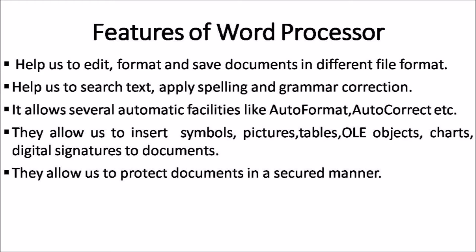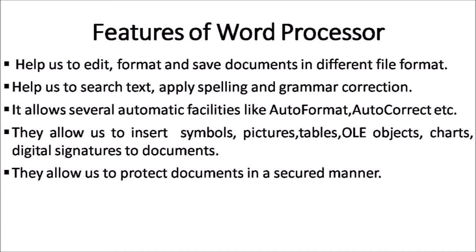Now let us see the features of word processor. It helps us to edit, format and save the documents in different file formats. While saving, we can choose different file formats like TXT and .doc, etc. The second feature is it helps us to search text, apply spelling and grammar correction.